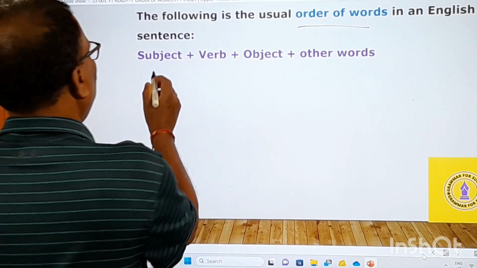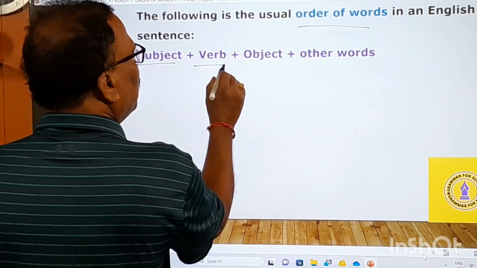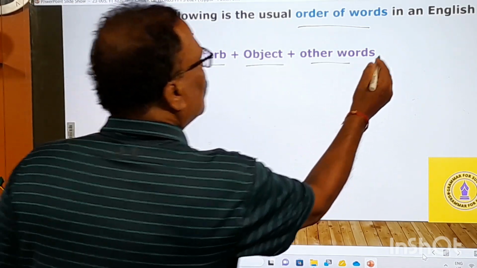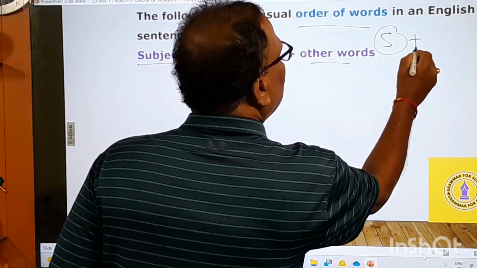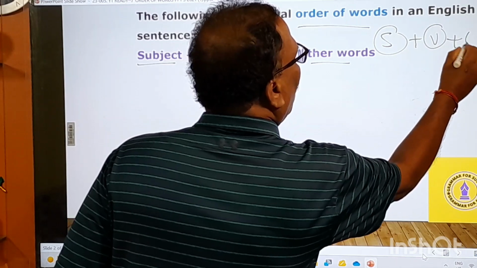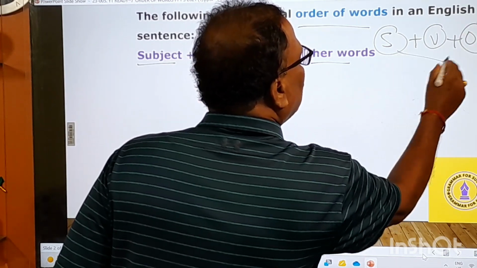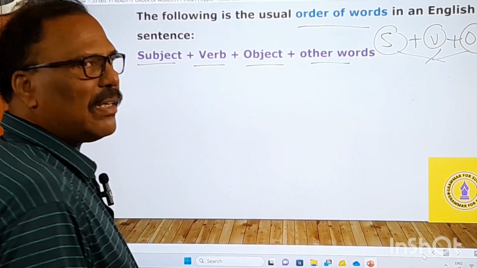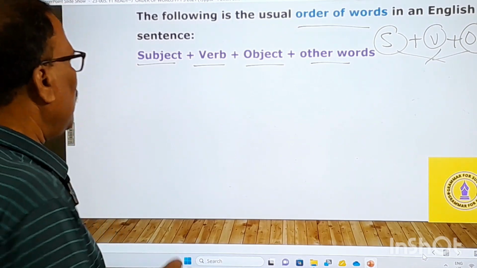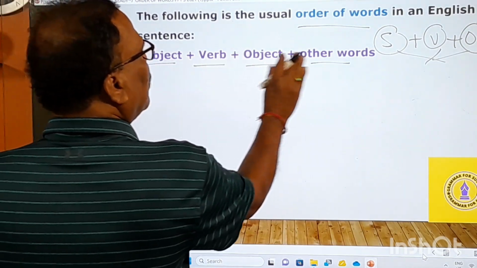There must be subject first, then verb, then object, then other words. So, subject plus verb plus object. This is the word order in the English language. Subject, verb, object, other words.